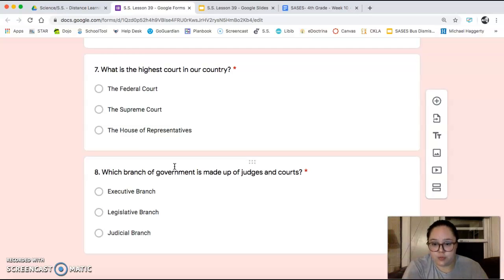And 8, which branch of government is made up of judges and courts?